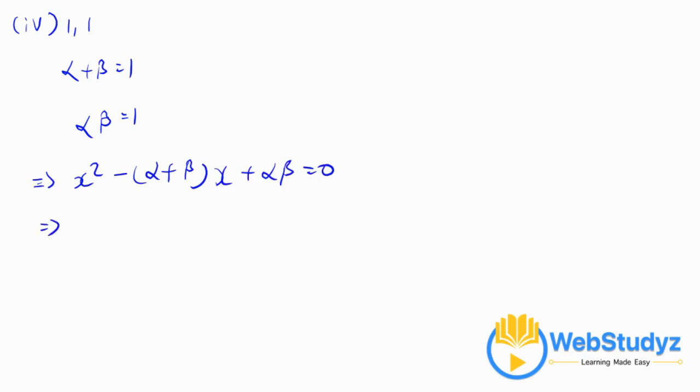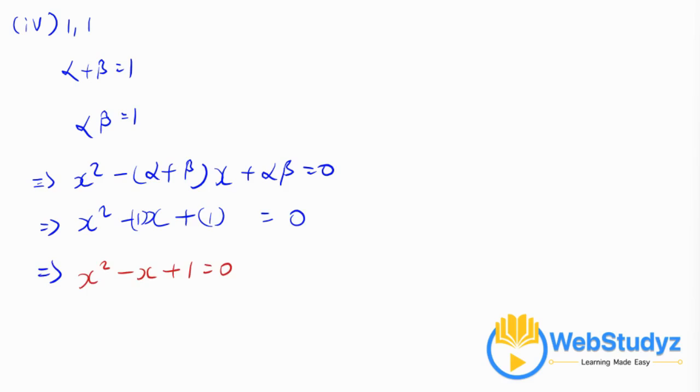Putting values, we get x square minus x plus 1 equals 0. So the final quadratic polynomial will be x square minus x plus 1 equals 0.